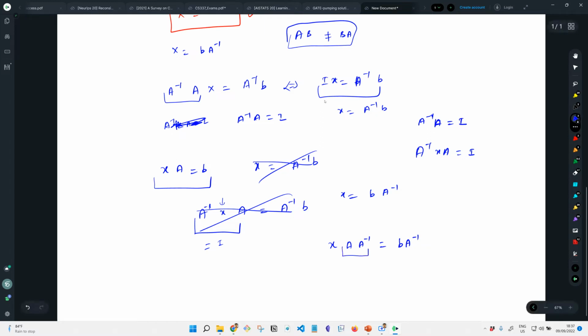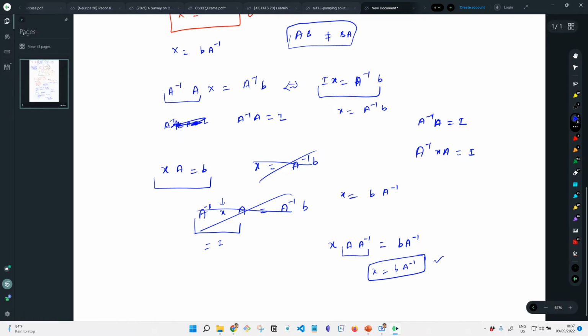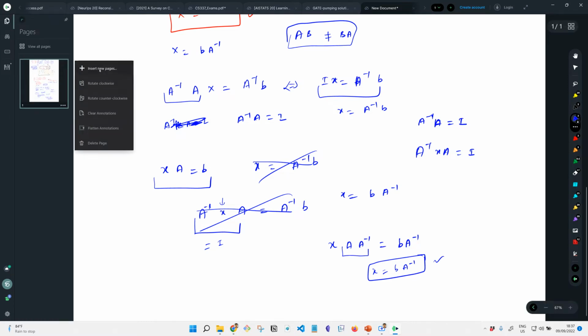And we have an identity that A into A inverse equals I. So from this we get X equals B into A inverse, right? So now whoever said X equals A inverse B, is this clear? Yes, sir. Good.